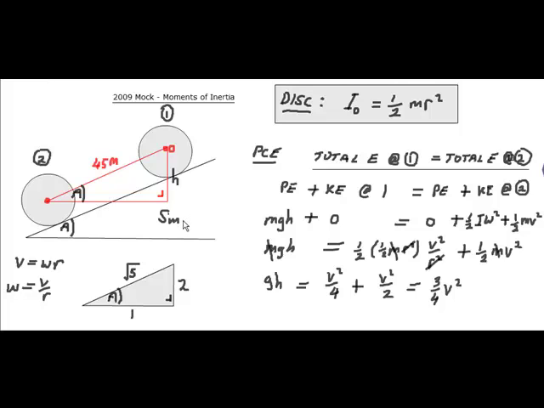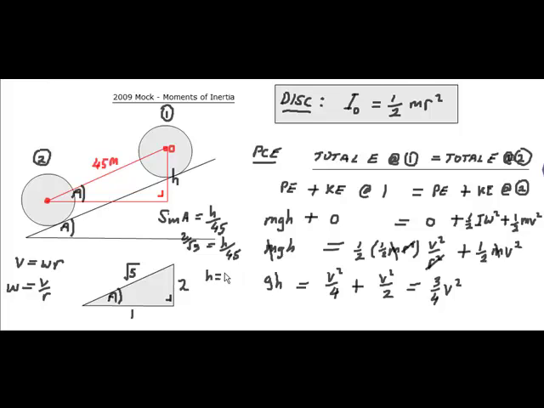Sine A equals h over 45, and sine of A we already know from this triangle is 2 over root 5. So 2 over root 5 equals h over 45.